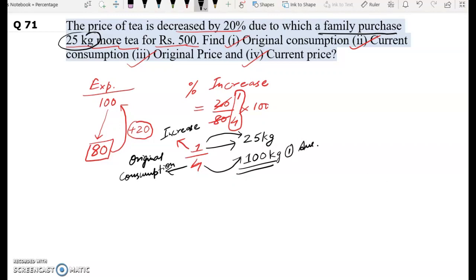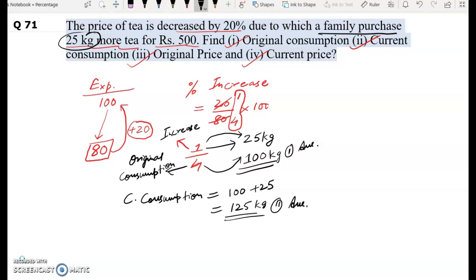Now we need to find the current consumption. Our current consumption will be 100 is the original, increase is how much? 25. So our current consumption will be 125 kg. And this is our second answer.